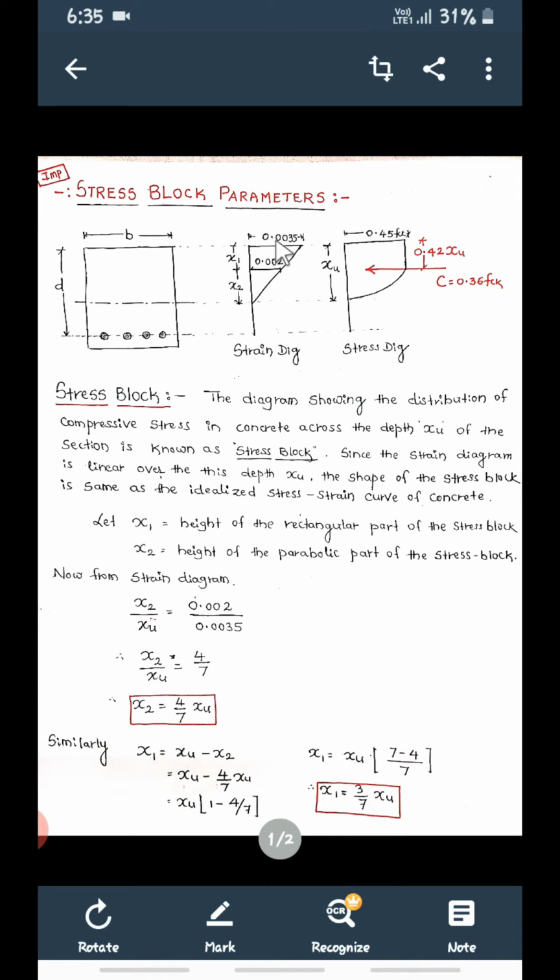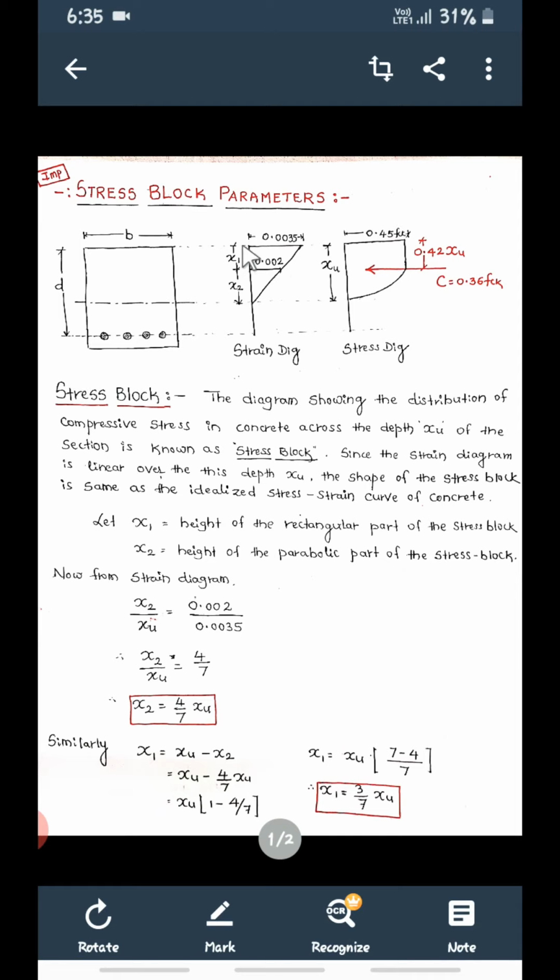This is the maximum strain in concrete at the extreme fiber. Here it is 0, then it goes on increasing. Somewhere here 0.002, and at the extreme compression fiber, the strain in concrete is 0.0035. So this is a strain diagram.